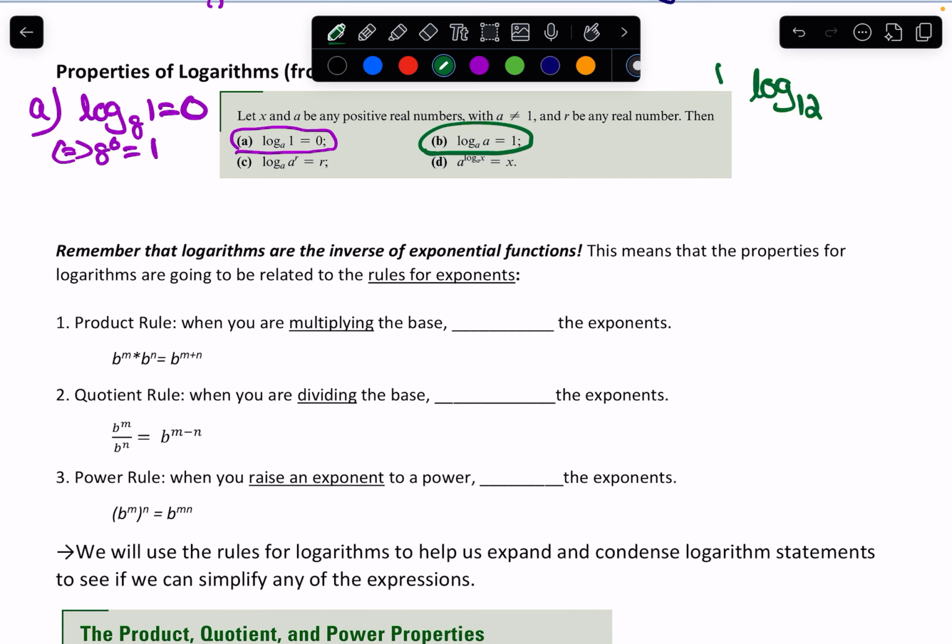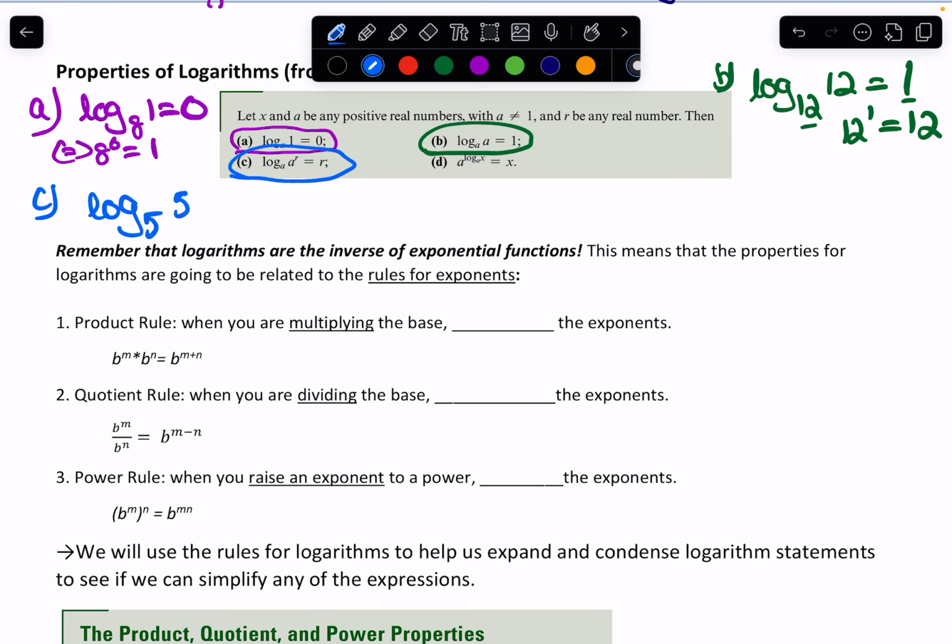Okay, next one is c. So if we have a log with the same base and argument to the power of r, our answer is going to be r. So log with the base 5 of 5 to the power of 3 is going to be 3. So what does this mean?